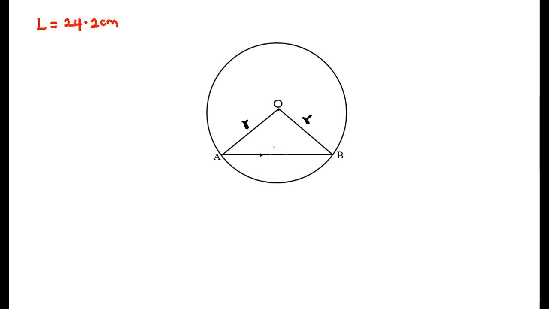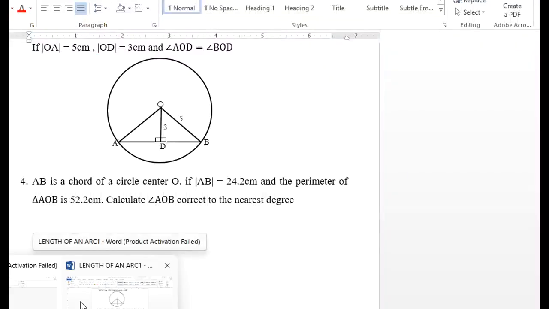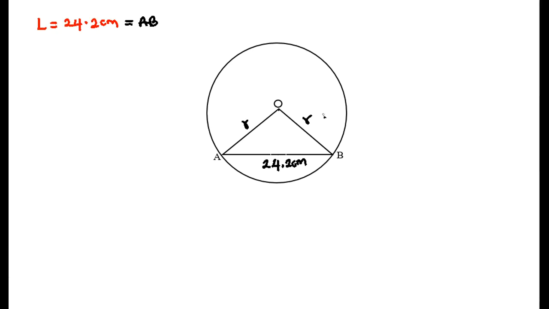Here is the radius, and we are told that AB is 24.2 centimeters. So what other information do you have in that question? Okay, and the perimeter is 52.2.